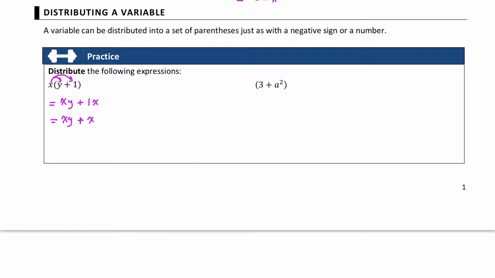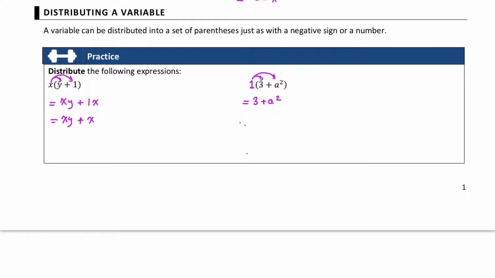For the next example, I actually have nothing to distribute, so I can think of this as an invisible 1 over here, not a negative 1 anymore because there's no negative behind it, and the 1 multiplies by 3 and 1 multiplies by a squared, and that gives me 3, which is 1 times 3, and 1 times a squared is just a squared.